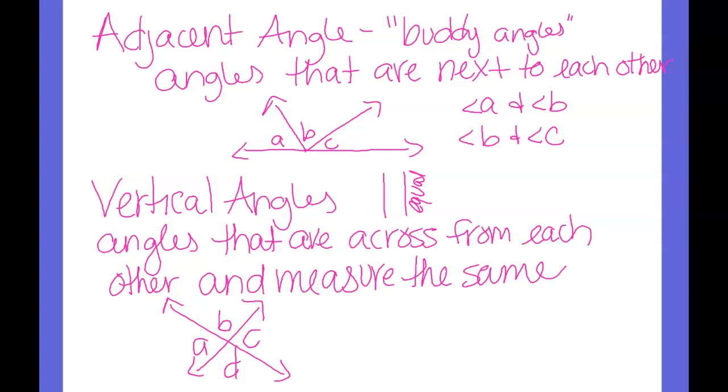B and D. So I would put a dot over B and a dot over D, because those 2 are vertical to each other. They're across from each other. They're looking at each other. And then with the other color, our other vertical angles are A and C. They're right across from each other.